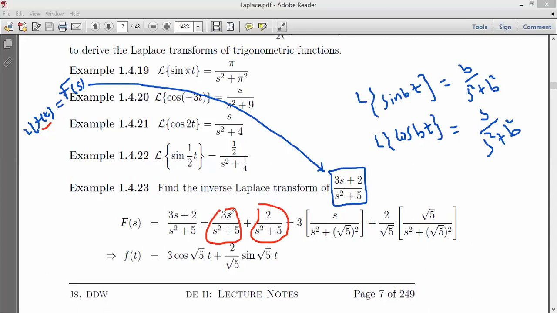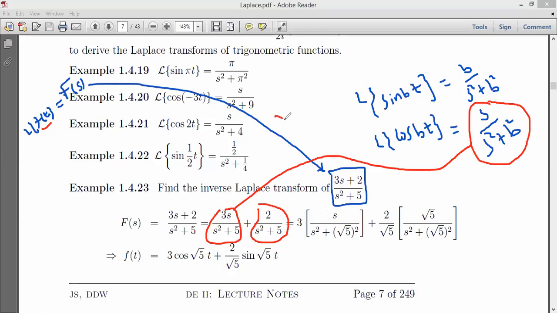Since we have s over s squared, you just have to associate this one in red with that right there, because for cos it is s over s squared plus b squared. Now you can throw the 3 out, so I'm dealing with this one here. If you take the 3 out, you remain with s over s squared plus 5. But remember the definition is b squared.